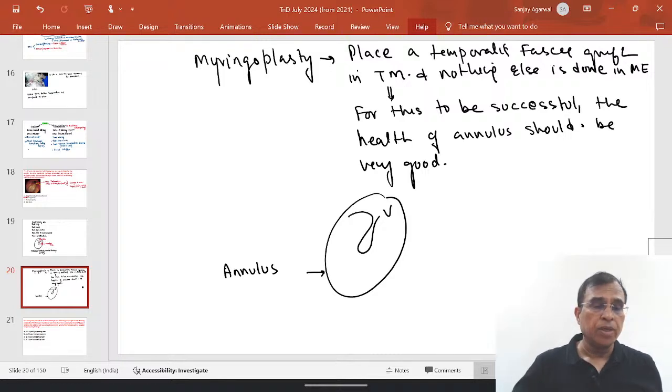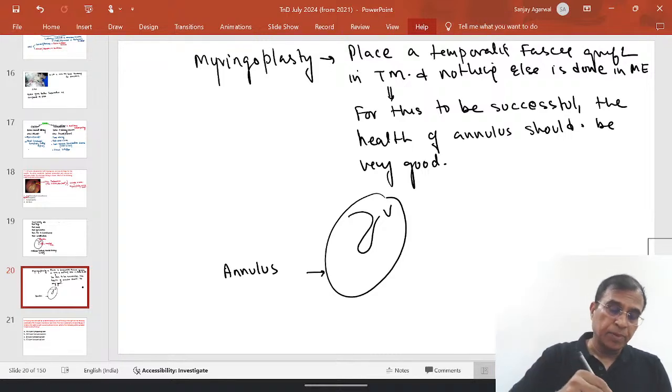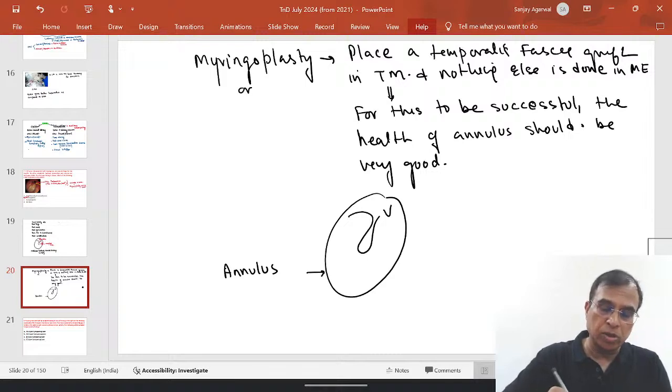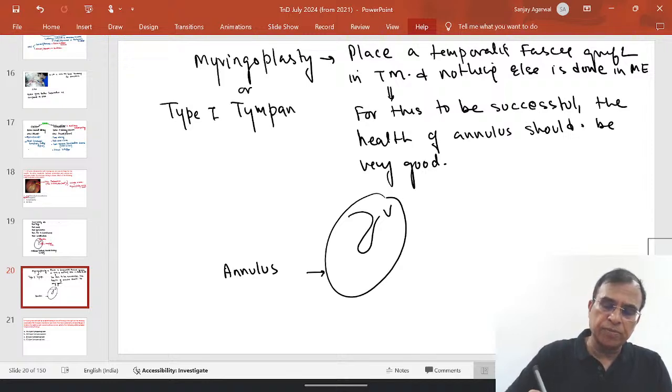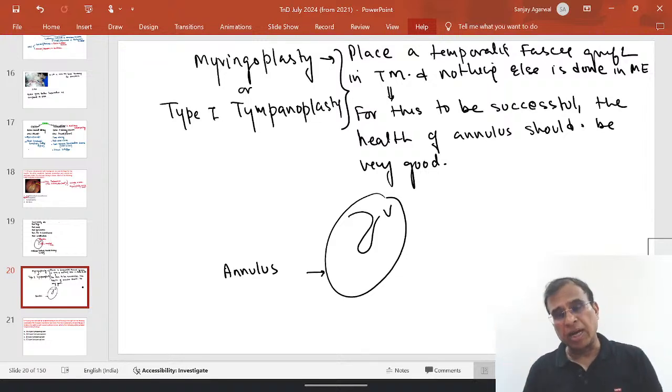Do you know myringoplasty is also called type 1 tympanoplasty. If you read your books, if you read your notes, it is written everywhere that myringoplasty is also called type 1 tympanoplasty. You might have read it also.